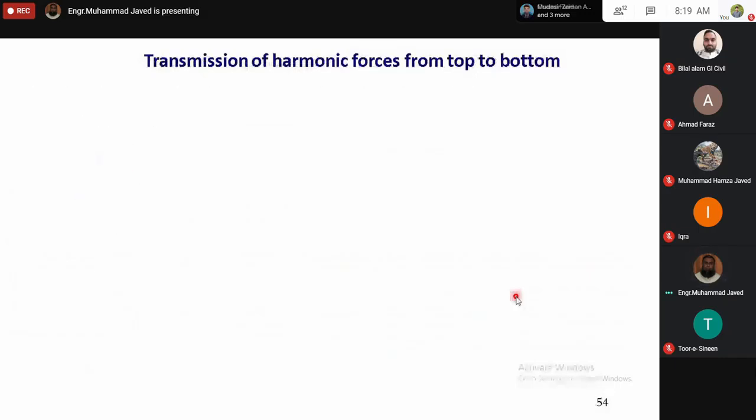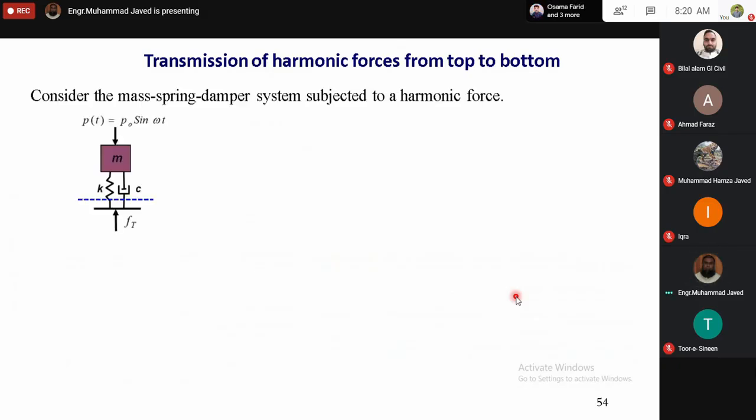Now we come to some mathematical. Now we will discuss the mathematics of vibration isolators. So consider a typical mass spring and dashpot system.